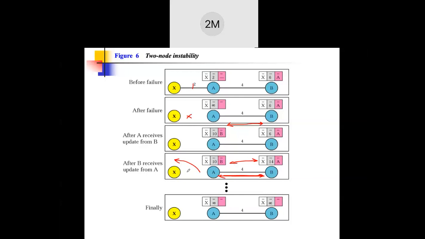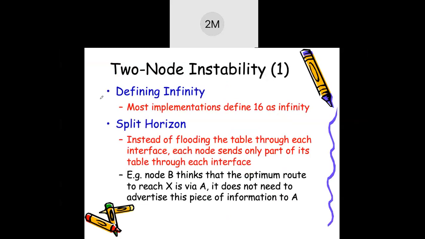Now to solve this problem, got this point? I think last time we have discussed. Okay. To solve this typical problem, we are using a concept called split horizon, and second, define the infinity.